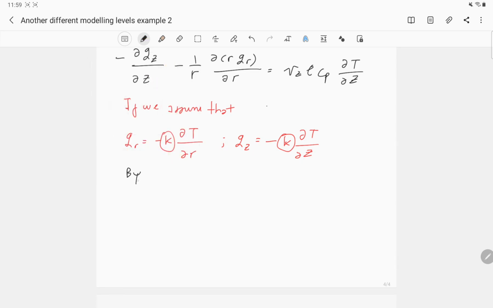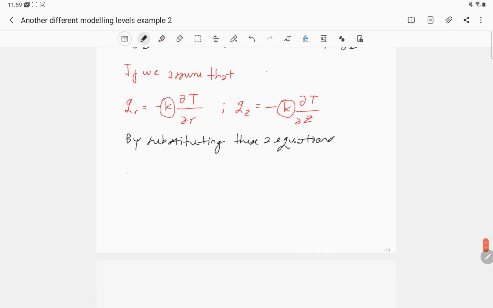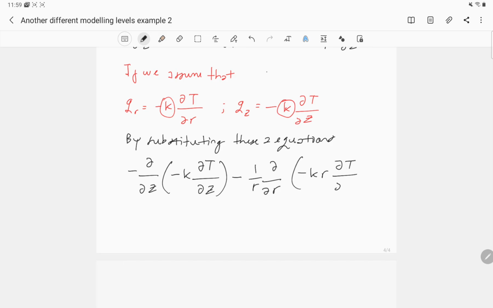Then by substituting these two equations, we plug in that qr and qz: minus del over del z of minus k del T over del z, minus 1 over r del over del r of minus k r del T over del r, is equal to Vz rho Cp del T over del z.